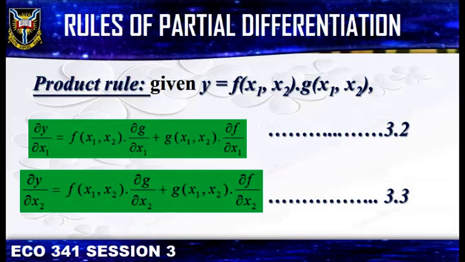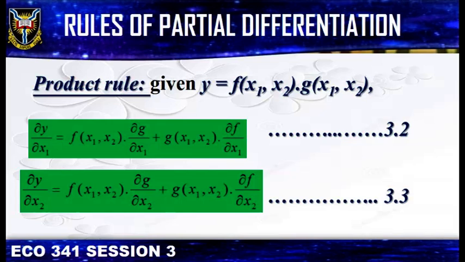Given y equals f(x1, x2) times g(x1, x2), partial y over partial x1 equals f(x1, x2) partial g over partial x1 plus g(x1, x2) partial f over partial x1, equation 3.2.